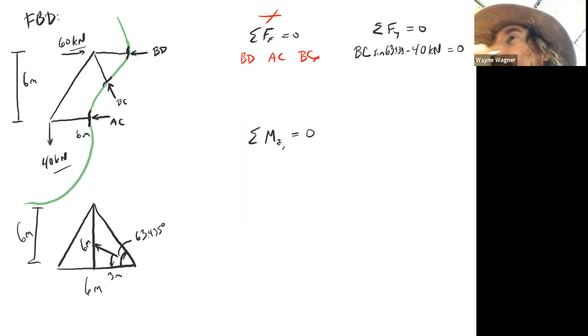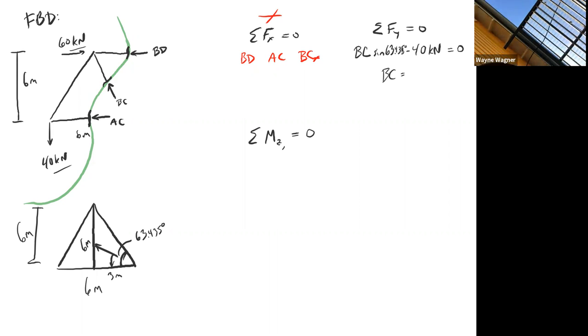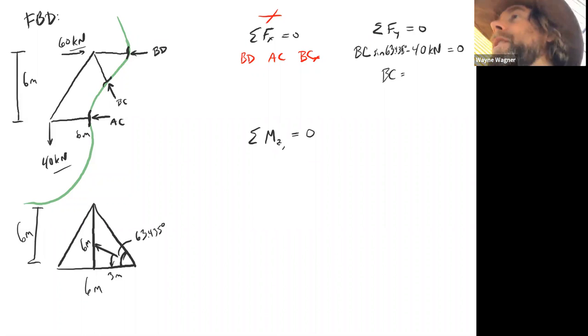63.435 degrees, right? So we can go ahead and solve that. You can say BC equals 40 divided by the sine of that angle. Let's see here. 40 divided by sine of 63.435.